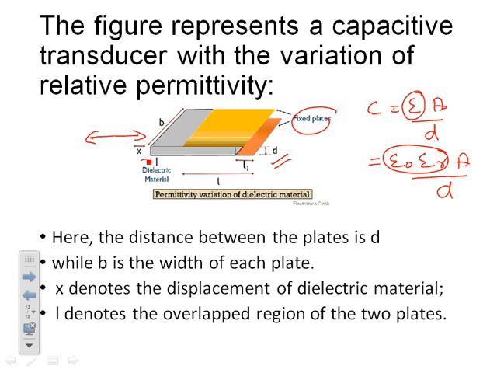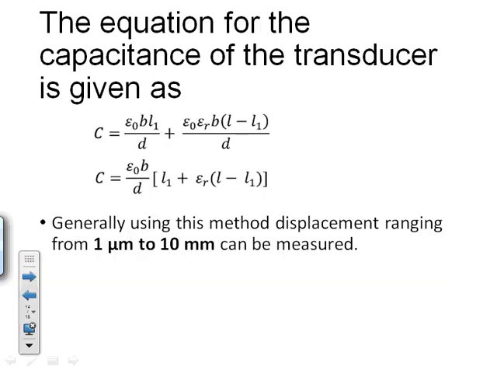So here L is constant. The distance between the two plates is constant, and B is constant, and the varying factor is X, that is the displacement of the dielectric material.